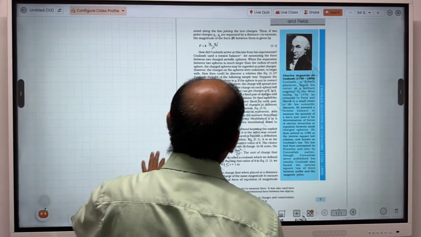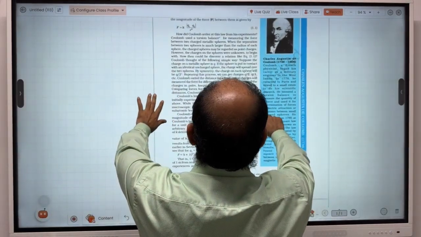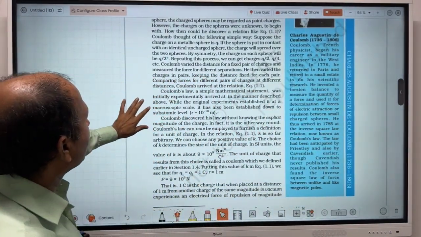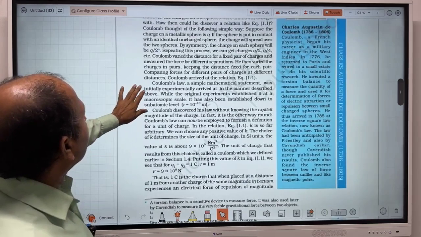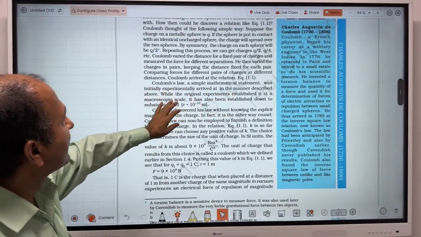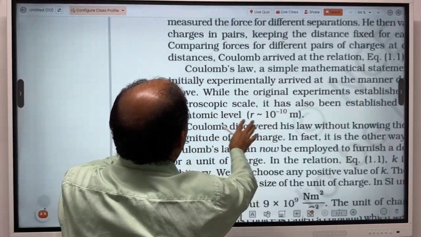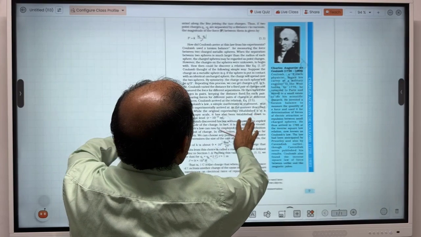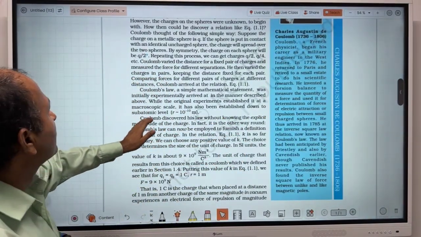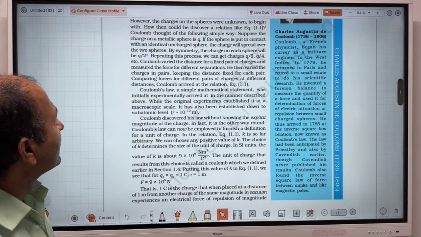Now here one important point is given. While Coulomb's law, a simple mathematical statement, was initially arrived at experimentally in the manner described above, here certain things are given that I am not going to explain. Then here the range is given up to the subatomic level, around 10 power minus 10 meter.